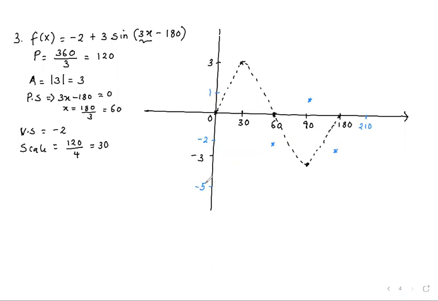So it comes to -5. And then 180 plus 60, we get 240. 240,0, so it comes here. And then you have the final sketch, which is just going up and then coming down. And then it goes up.